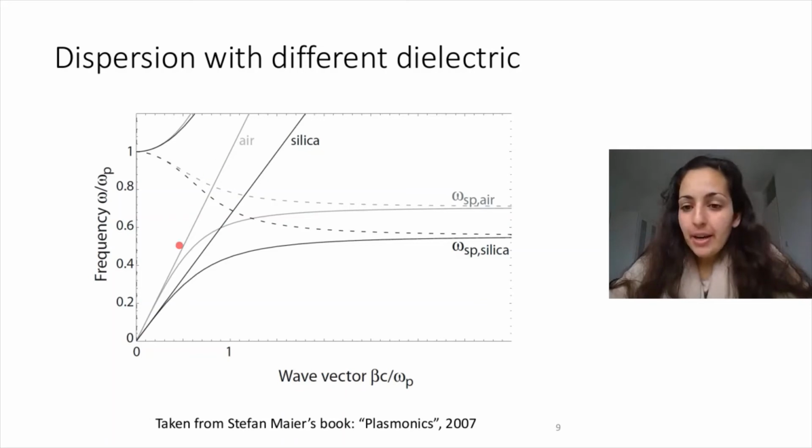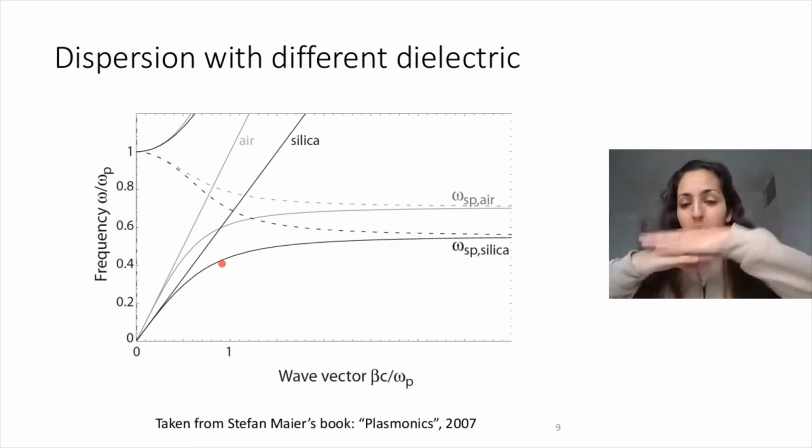Now the difference between the surface plasmon polaritons that we get either in air or in silica is that in air our surface plasmon will approach this air light line, whereas in silica it will approach this silica light line. So again, it can be the same metal, for example silver, and then either air or silica on top.